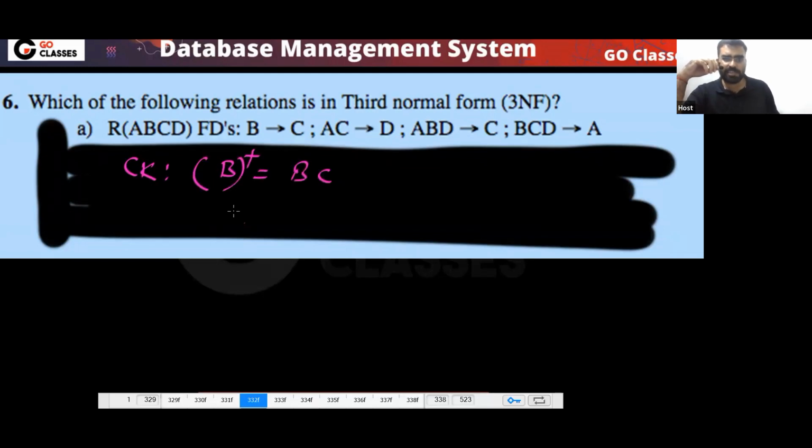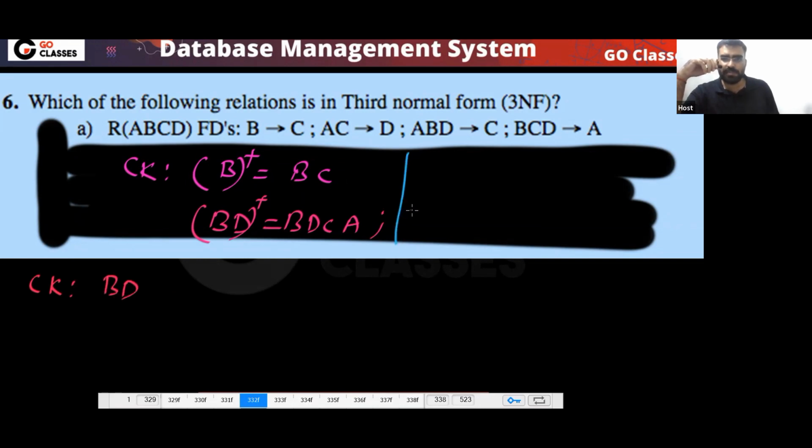So what is the candidate key? It can be, for example, BD. BD plus will be BDCA, so this is definitely a candidate key. What about CB? CB is not a candidate key. What else?